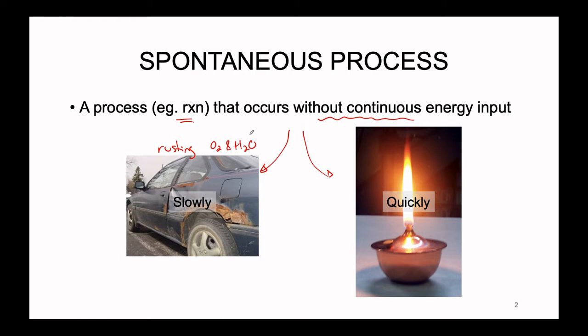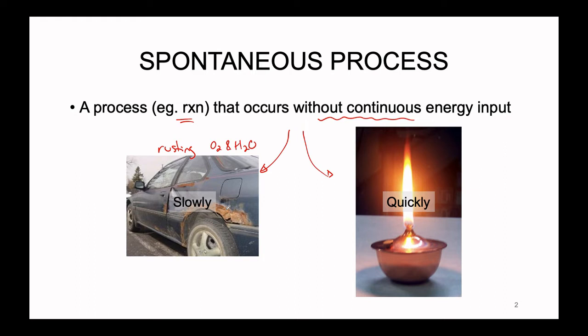This is why people work so hard to make sure that the iron hulls and the iron parts of their cars are protected and sealed off from the oxygen and the water and other environmental factors, because once this rusting process starts, unless you are successfully able to cut off the oxygen and water again, it will continue spontaneously on its own and slowly eat away at, let's say, your car, like what is being illustrated here.